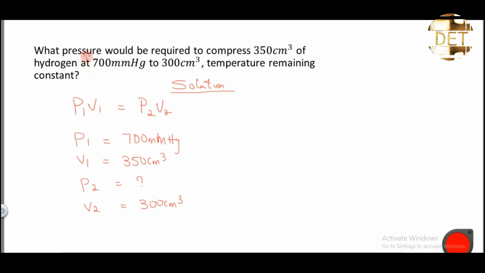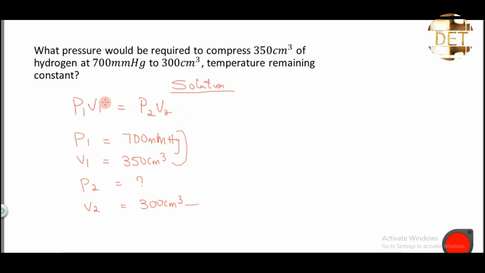So the question is, what pressure will be required to compress this hydrogen gas that is having a pressure of 700 millimeters of mercury and a volume of 350 centimeter cube to 300 centimeter cube?